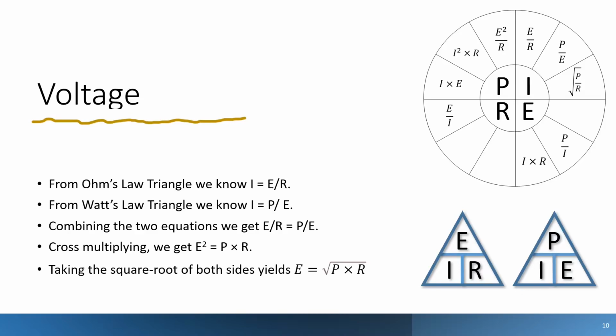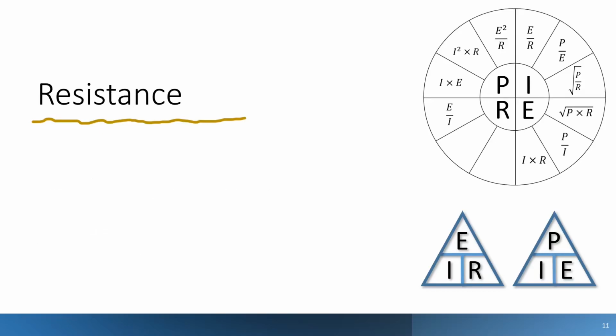So taking the square root of both sides yields E equals the square root of the product of P times R. Okay, so now we can put that in this wheel here, and we have our 3 equations for voltage. So if we know current and resistance, we can calculate voltage. If we know power and current, we can calculate voltage. And if we know power and resistance, we can calculate voltage.